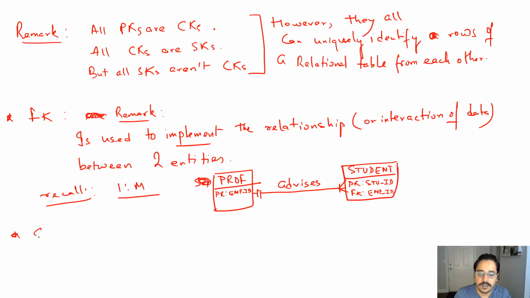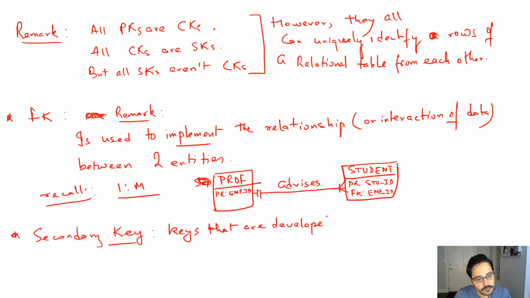So the final thing that remains is the secondary key, which is keys that are developed to simplify the data retrieval process.